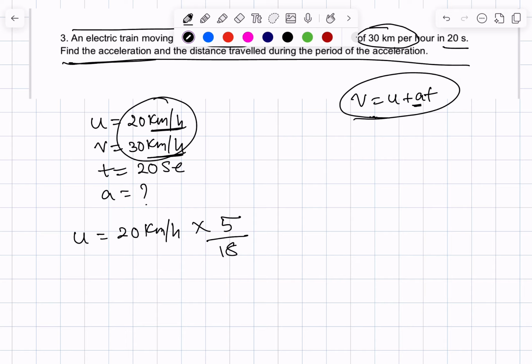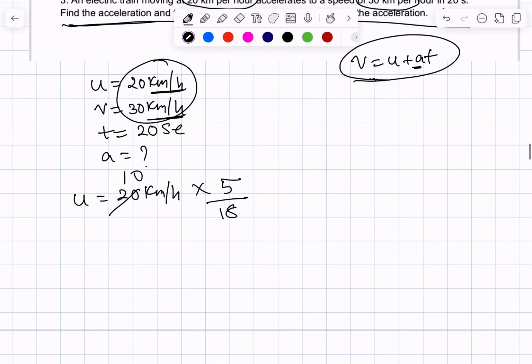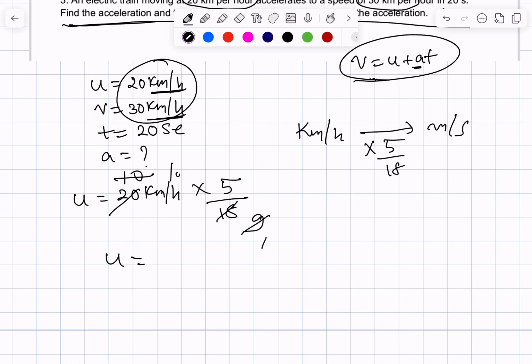Ravinder, right? Ravinder is here or is sleeping? Yes, sir, I'm here. So can you say that I'm right, that whenever we want to convert kilometer per hour into meter per second, you simply multiply it with 5 upon 18?